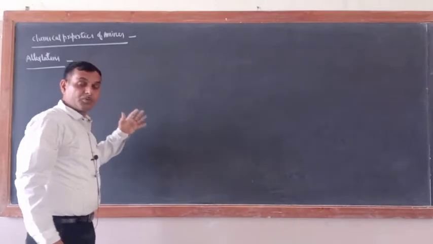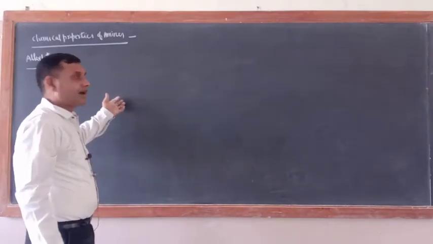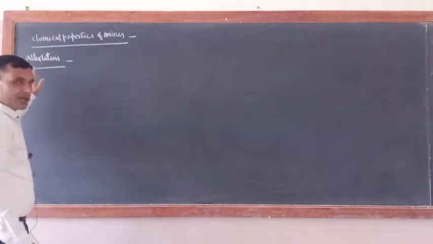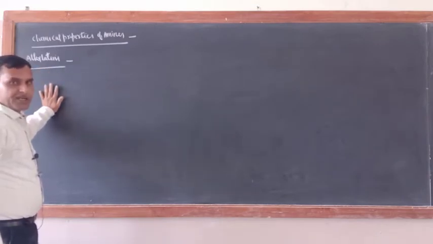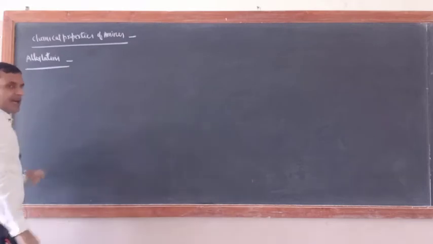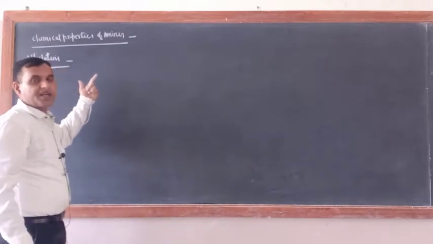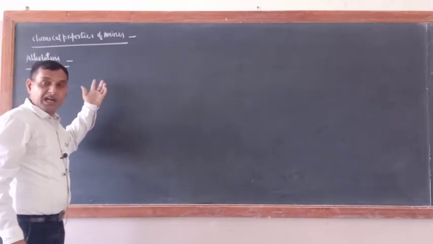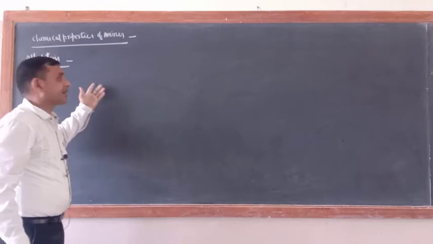Now let us move toward another chemical property of amines. Three chemical properties we have already discussed. Now this is the fourth one, that is alkylation, and this reaction you have studied in the alkyl halide and aryl halide chapter.